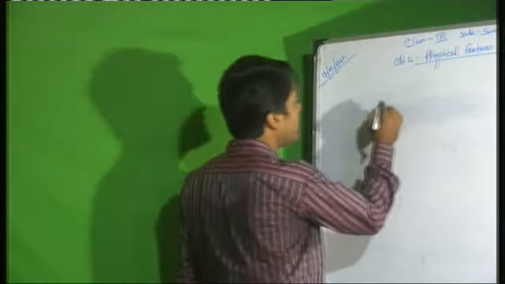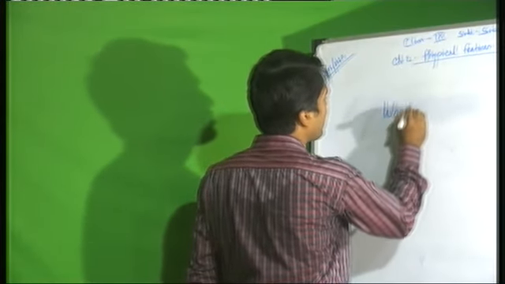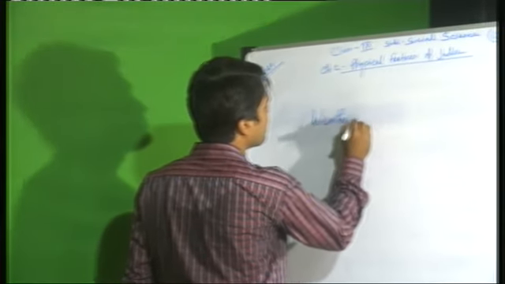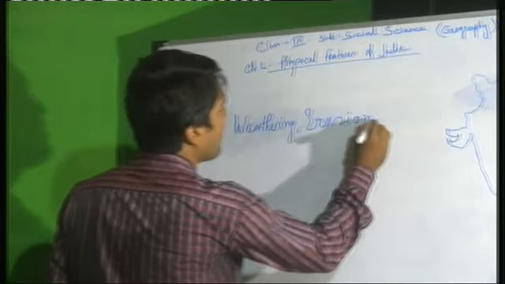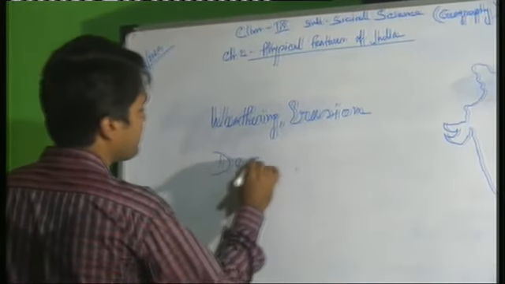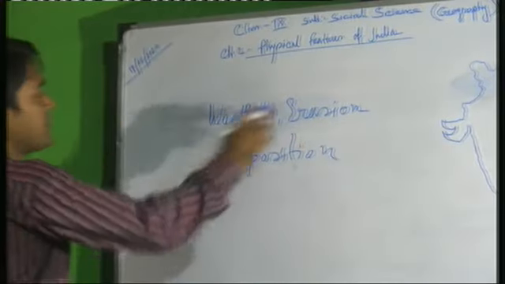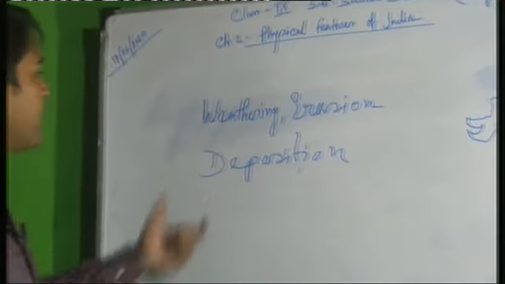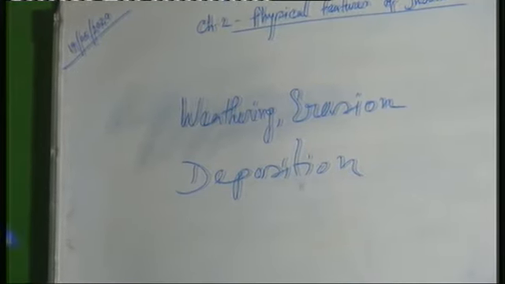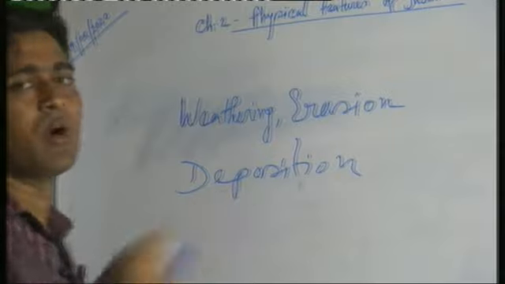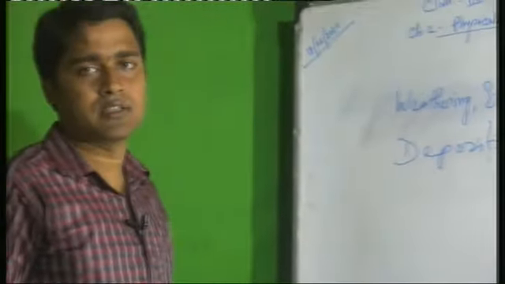These are the important parts: weathering, erosion and deposition. These three processes are very important for the formation of physical features in India as well as all over the world. That's why these three features first I will discuss.